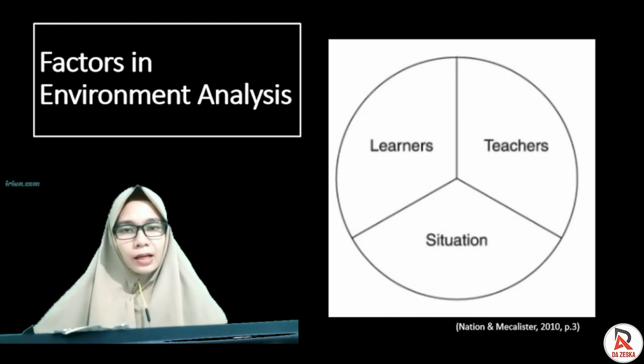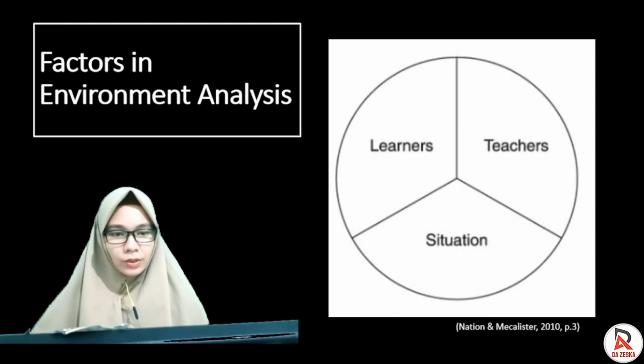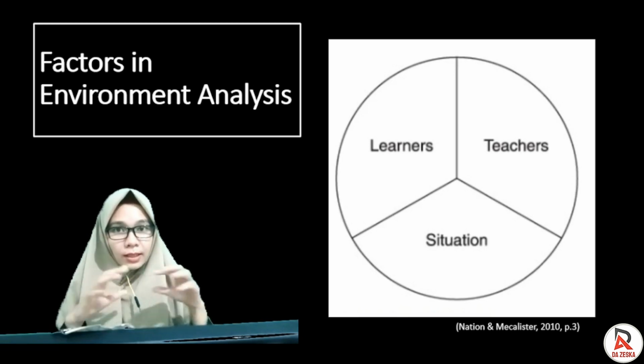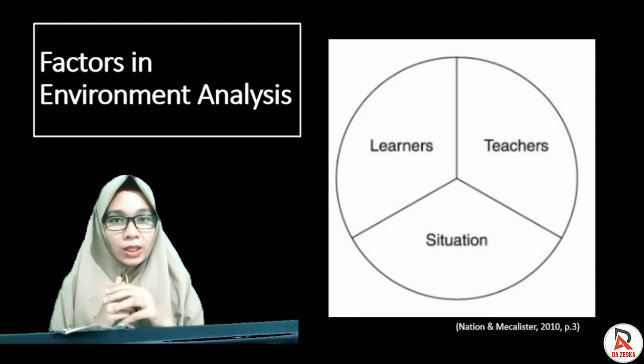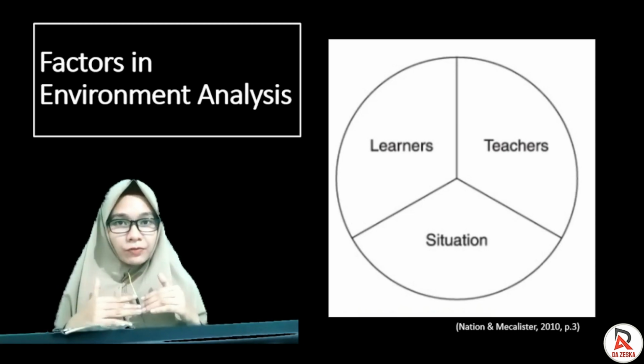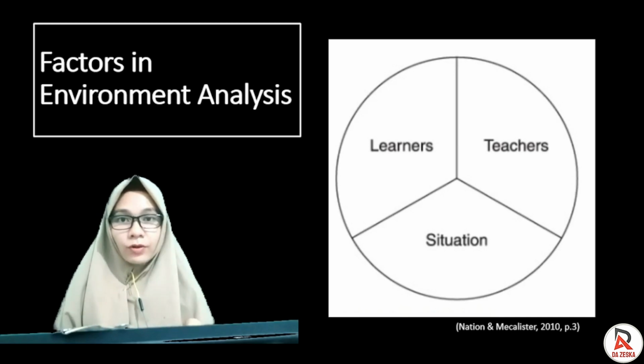That's not only about learners, but we have the second point, which is teachers. When we design our course, or for example when we want to develop the government's curriculum, we need to have this kind of analysis.